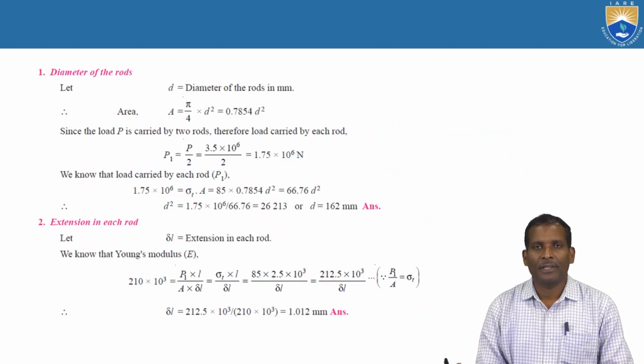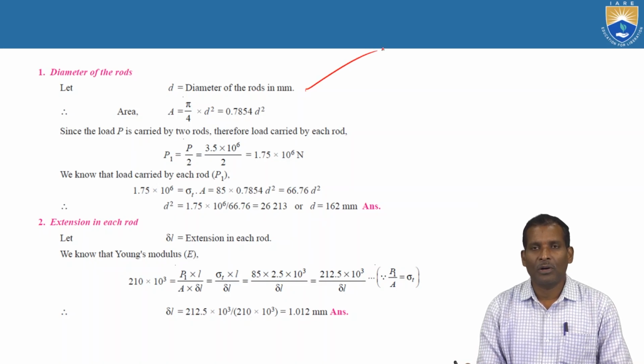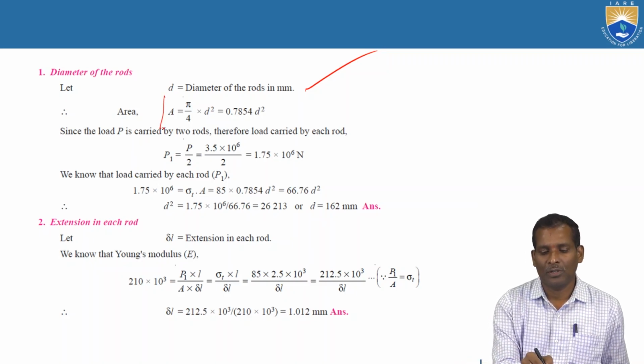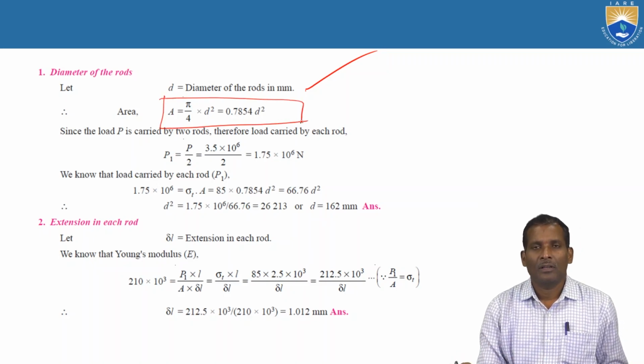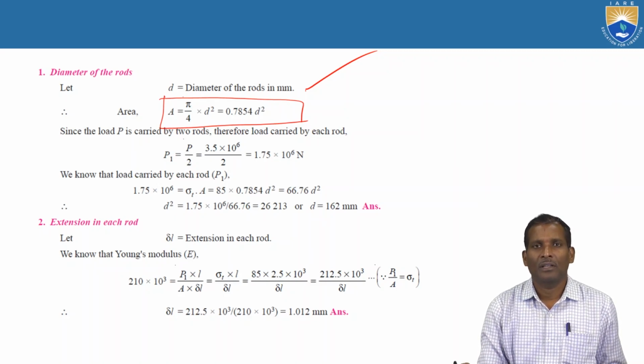Then find the diameter of the rods. Let small d be the diameter of the rods in mm. Find the area, pi by 4 into d square. Substituting, in terms of d you will get 0.7854 d square. You have to find the diameter of the rods.